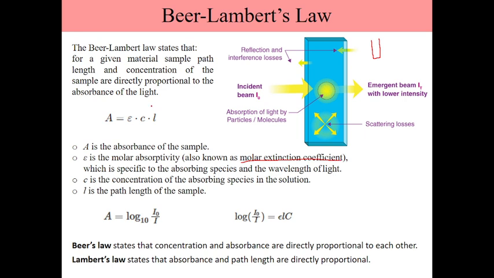So you can be asked what is the unit of the molar extinction coefficient. In that case, you will have to say that absorbance does not have any unit. Path length has the unit centimeter, and concentration is going to have molar as the unit, right? So then the molar absorption coefficient is going to have the unit molar inverse centimeter inverse.